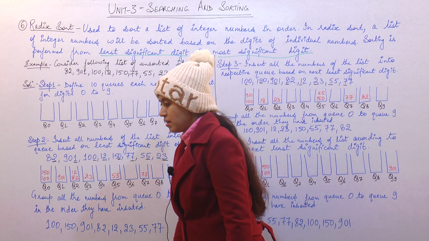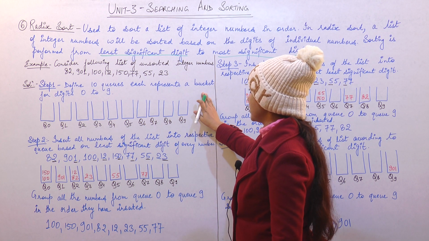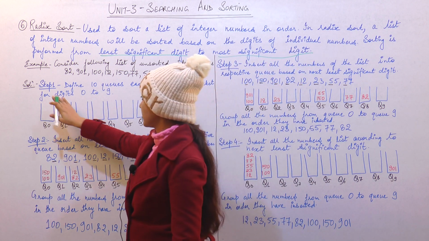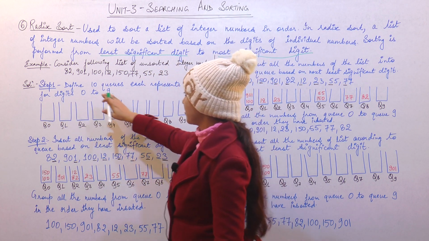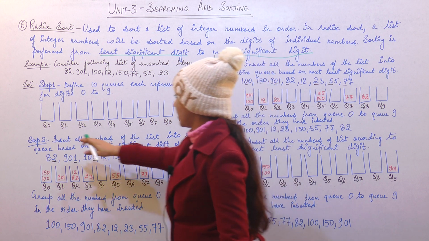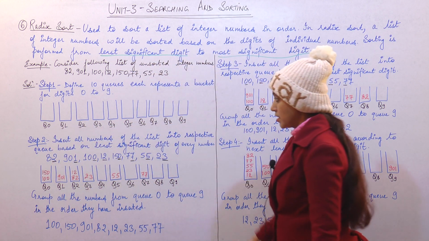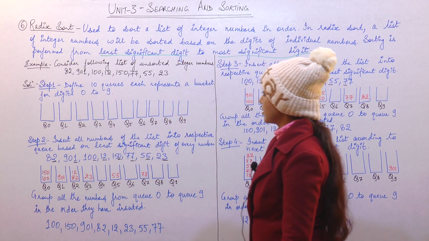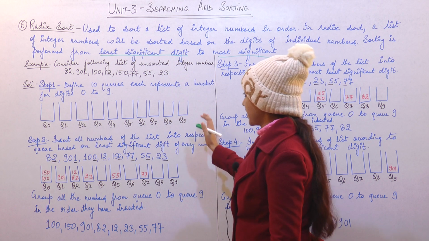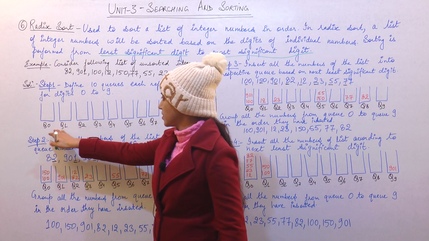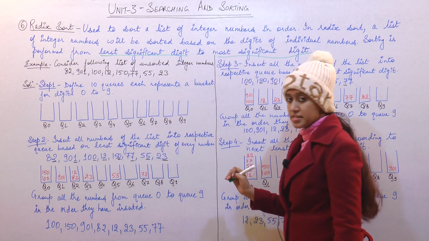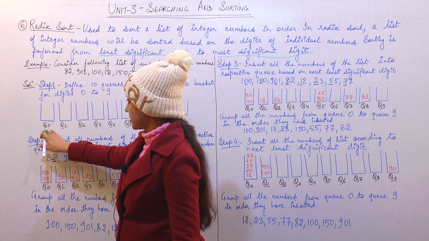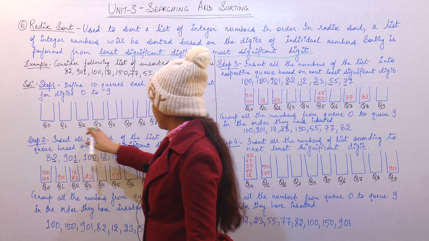For sorting this list, the first step is to define 10 queues. We have defined 10 queues numbered from 0 to 9. All these 10 queues represent buckets for the digits 0 to 9.